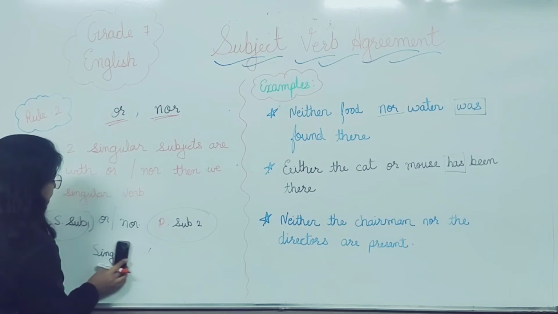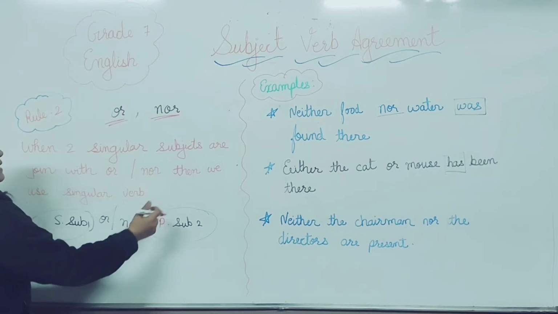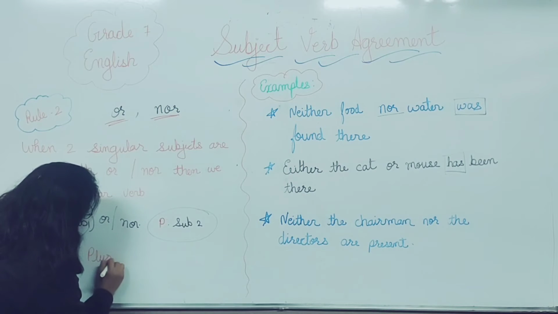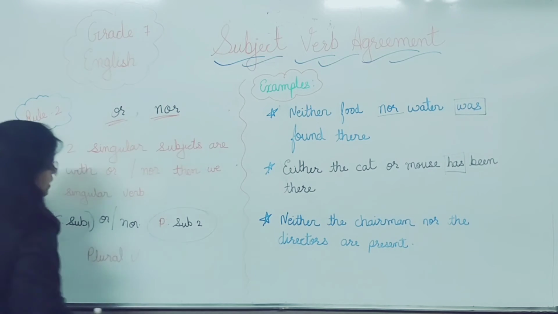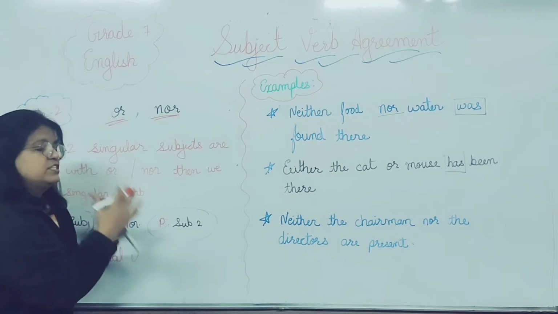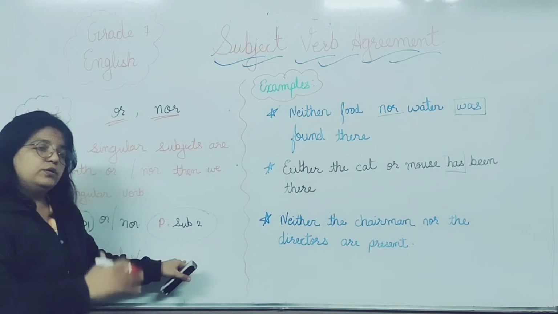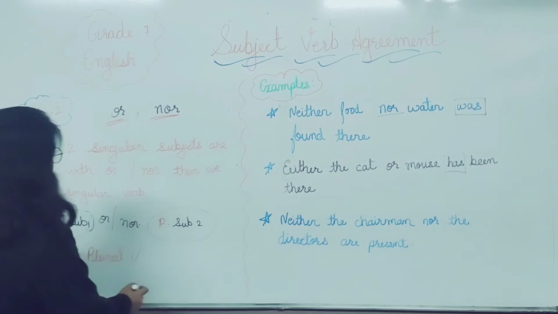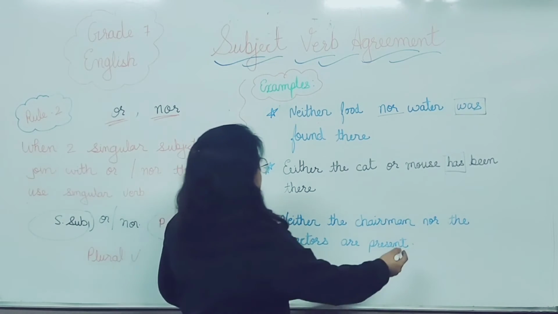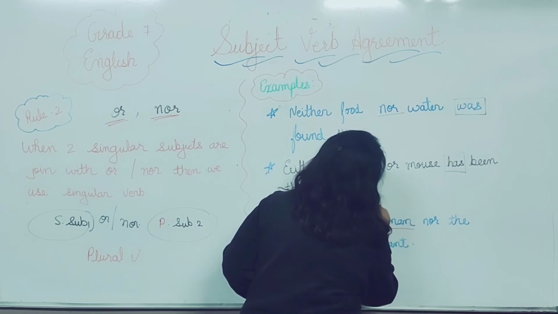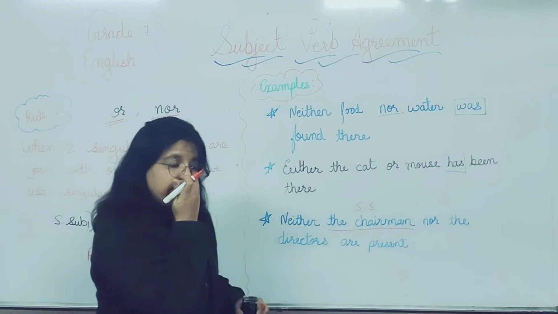We have added a plural verb. Means the subject that is next to the verb, the subject nearest to the verb, that we will consider first. Means if singular subject, like here you can see the chairman, it is a singular subject, right?